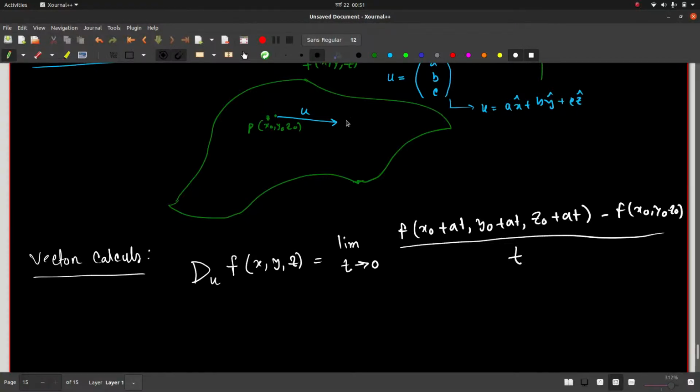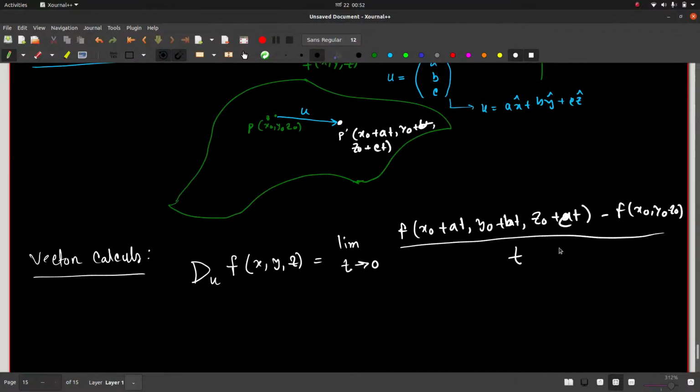The point over here is some P prime, denoted as x0 plus at, y0 plus bt, z0 plus ct. Oops, sorry, it should be b and it should be c, not a.